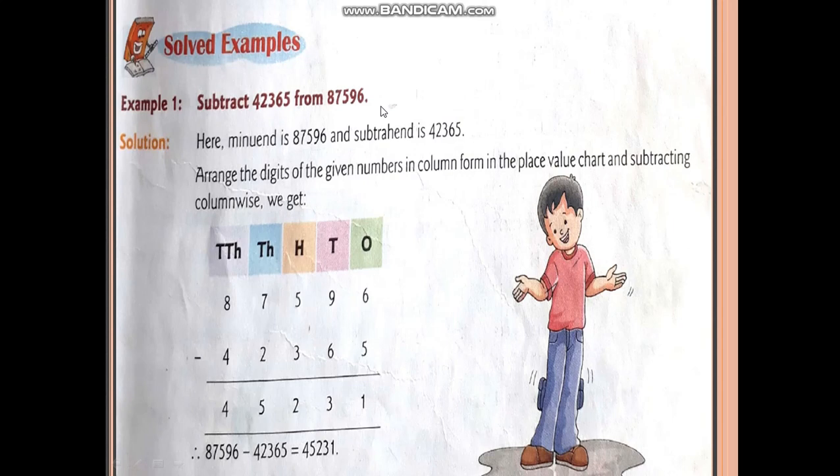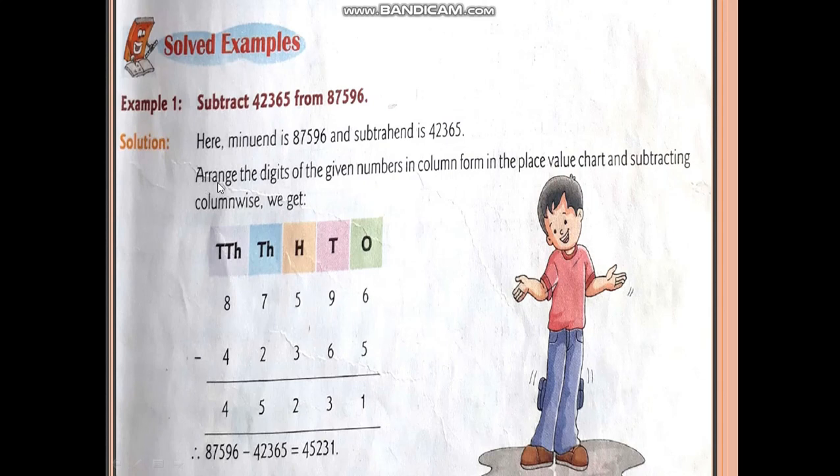Here "from" was given to you. When this "from" was given to you, it means that you have to write 87,596 first. So first write the place value chart: ones, tens, hundreds, thousands, ten thousands.